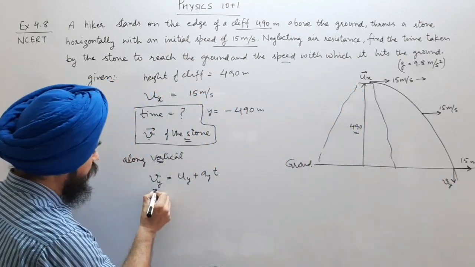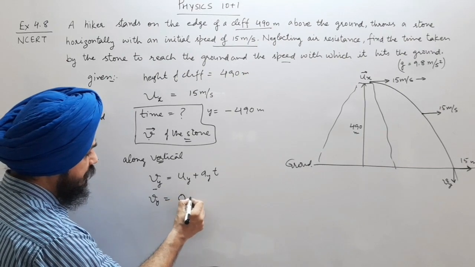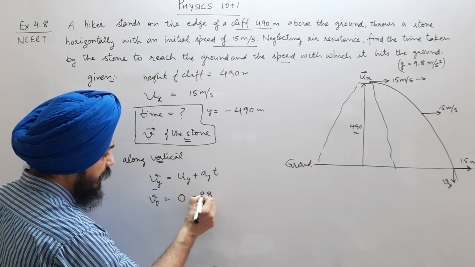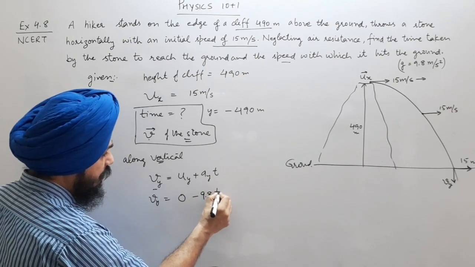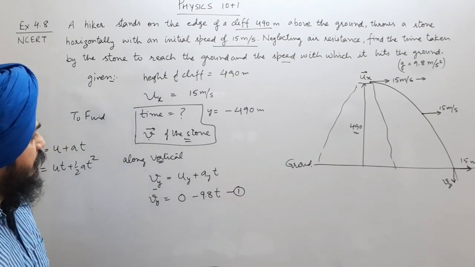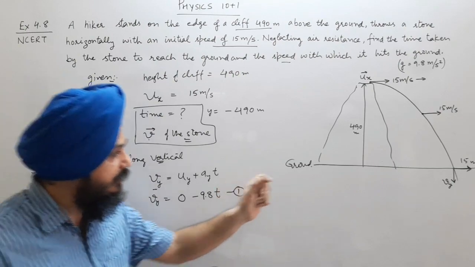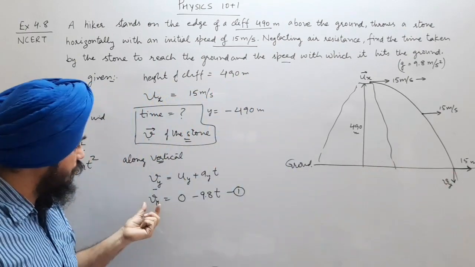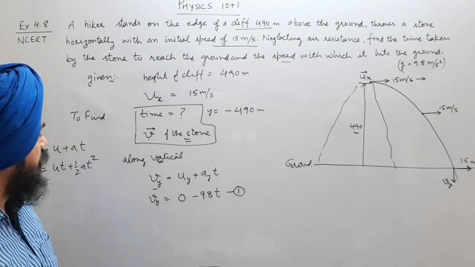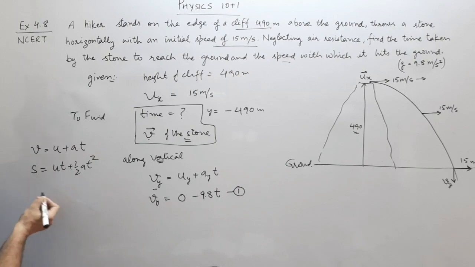So Vy will be equal to uy, which is initially 0, ay is minus 9.8, and t we are going to find. This will be our equation number 1. From this equation, if we know the time when it hits the ground, it will be easy for us to calculate Vy. Now using the second equation, for distance in y direction.